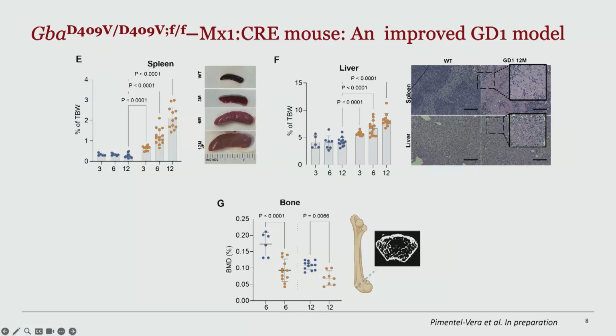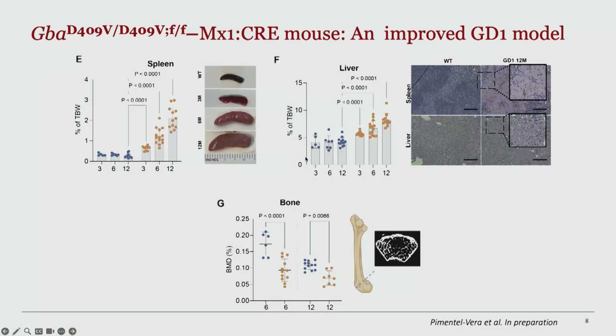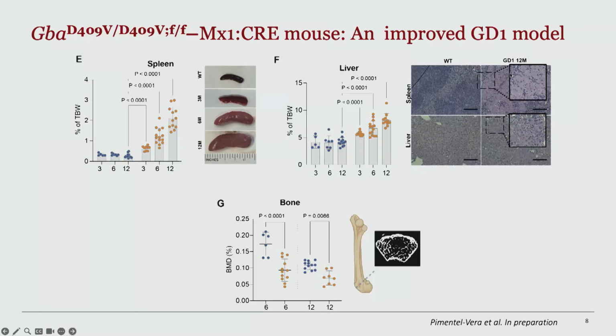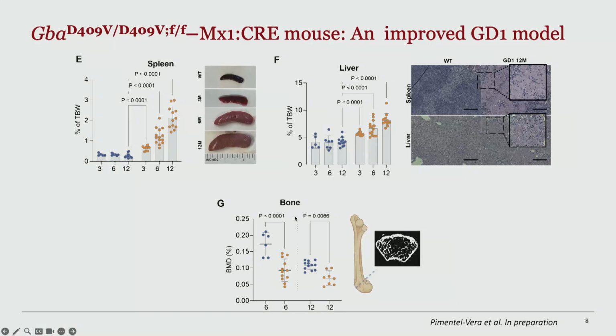This model also recapitulates the visceral symptoms of humans, with hepatomegaly and splenomegaly. It also accumulates engorged macrophages in these tissues, and at 6 months of age, starts showing bone disease.